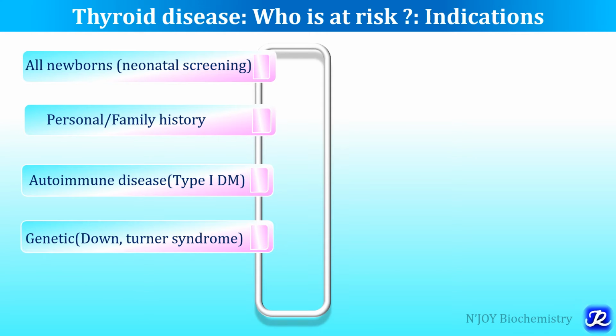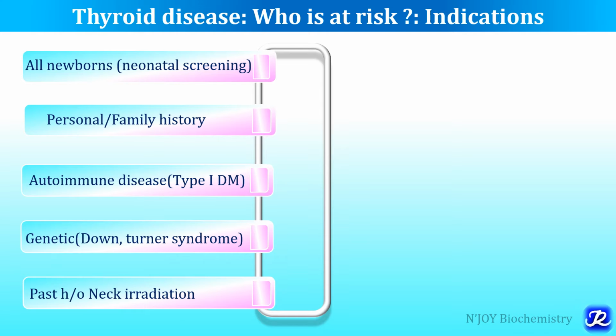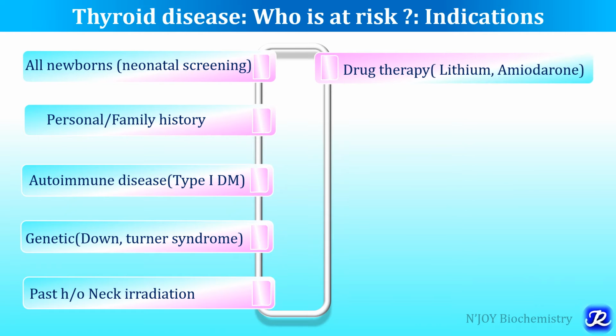In conditions of Down syndrome, Turner syndrome, if there is history of neck irradiation, in that condition also thyroid function test should be done. If a person is on drugs like lithium, amiodarone, then those patients should be screened for thyroid function test.